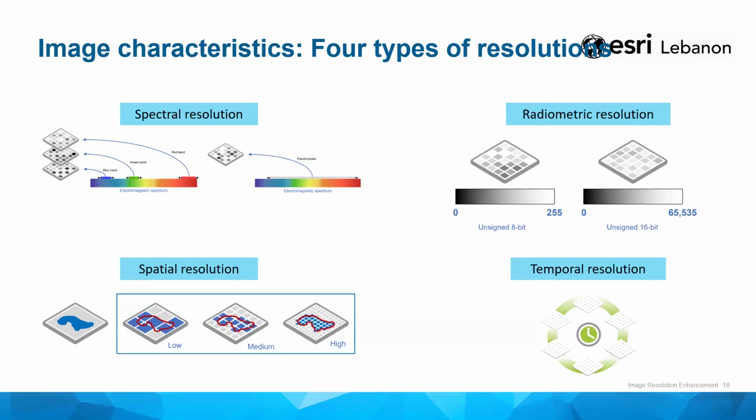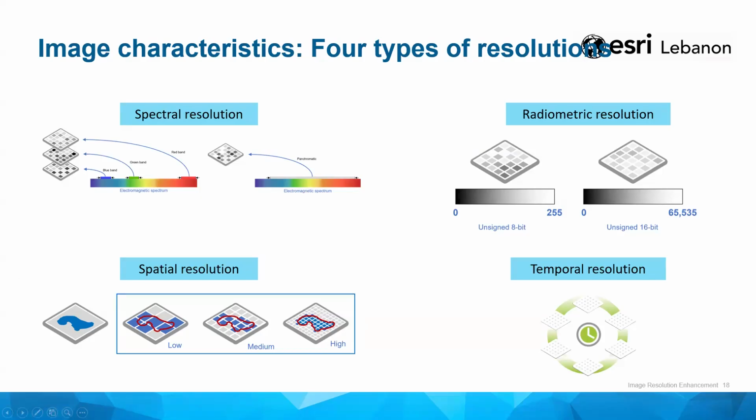We have spatial resolution, the one that everyone knows, which is the pixel size on the ground. For example, if I say it's a 10-meter image, that means each pixel covers a 10 by 10 meter area. So anything smaller than that gets blended into the same pixel. If we have multiple features within the 10 meters, all of these things will be blended into that pixel.